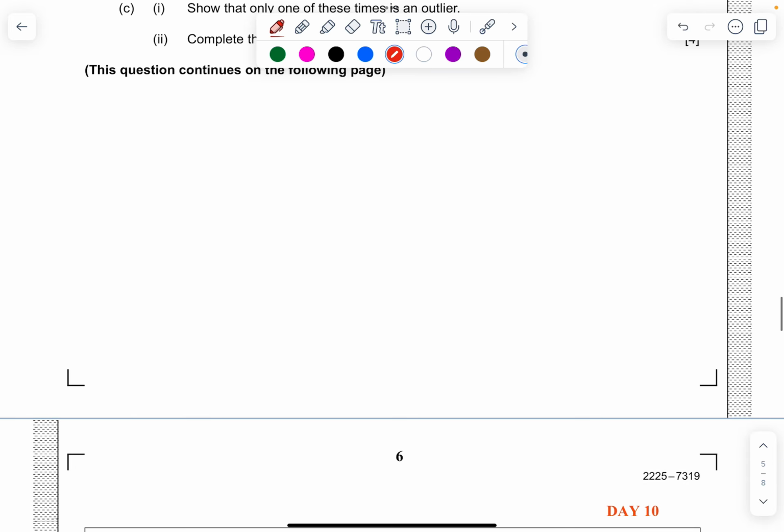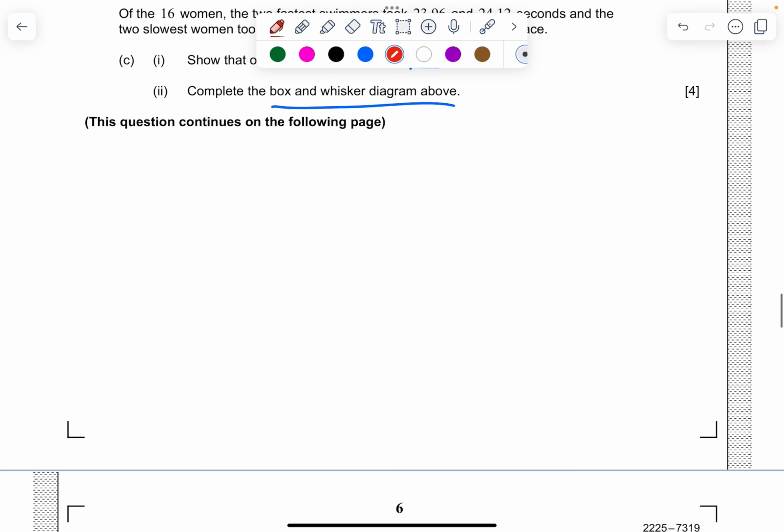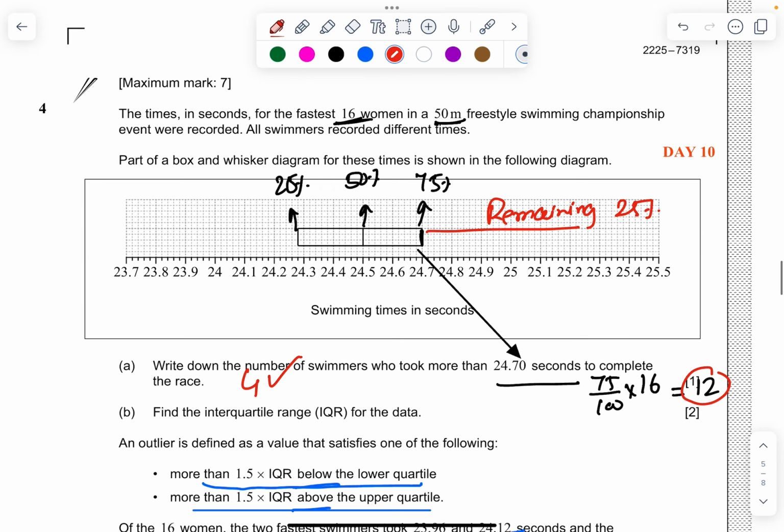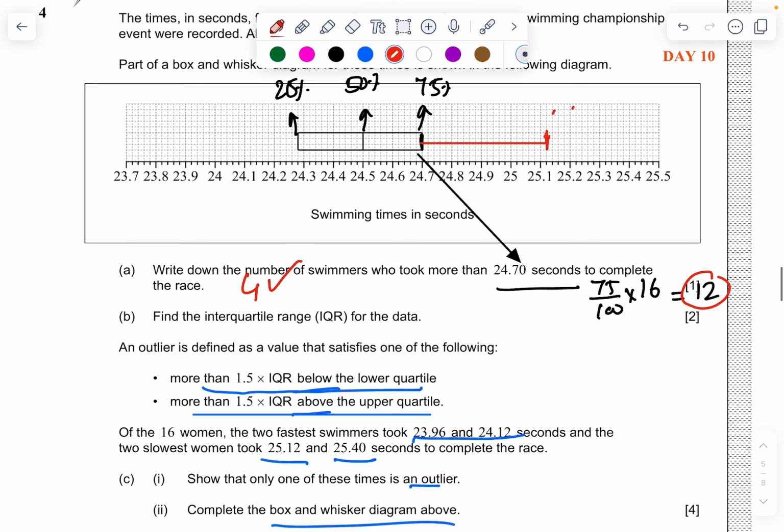Complete the box and whisker plot. 25.12 over here, a whisker up to there, and over here is 23.96.